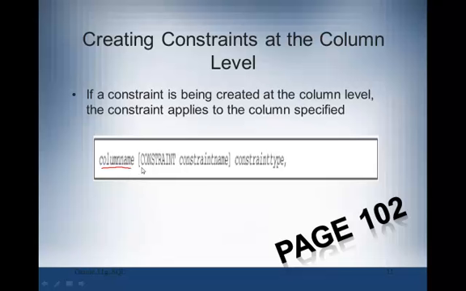Now, the constraint keyword and constraint name, notice they're in the brackets because they are optional. And again, I want to remind you, if you don't provide that constraint name, the system will generate a name that is non-descriptive of the constraint and its purpose.